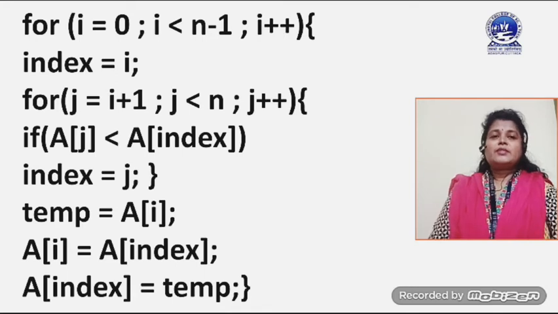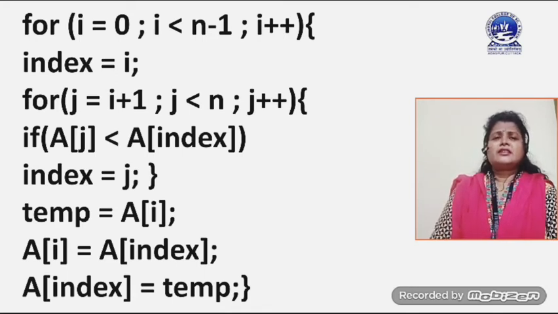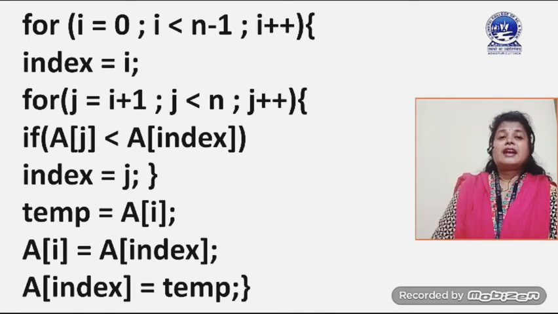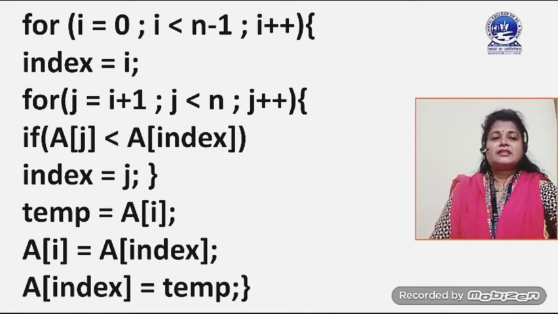It is very simple, just like the comparison sort where we do the sorting using a nested for loop. Inside the inner for loop we compare, swap, and perform the operation. The only difference here is that in this logic we perform the swapping in the outer for loop, not inside the inner for loop.